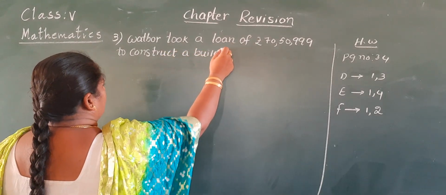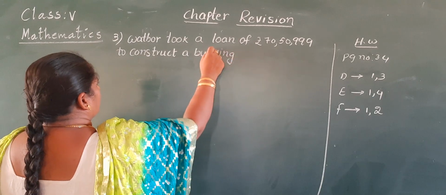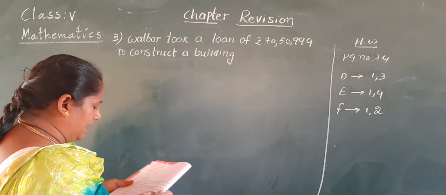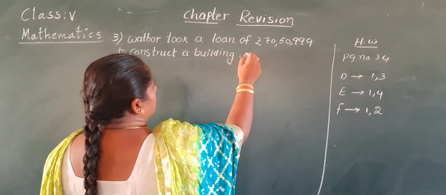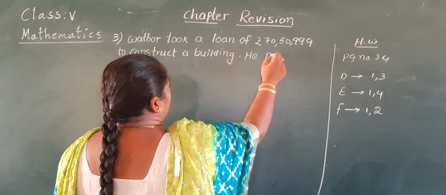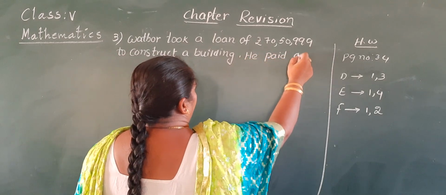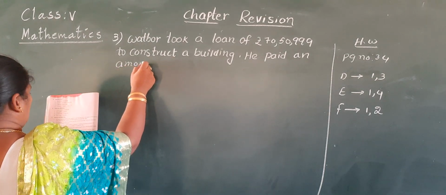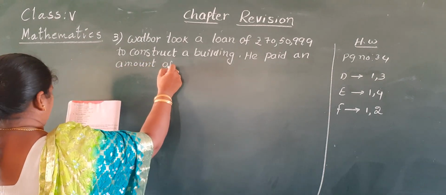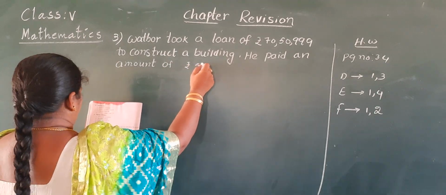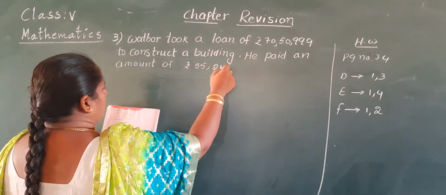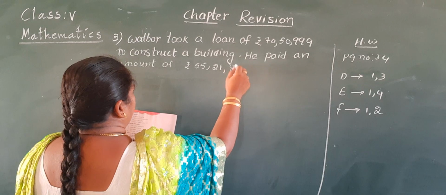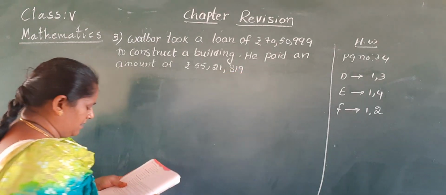Write neatly in your classwork, Nana. To construct a building, he paid an amount of 55,21,819.